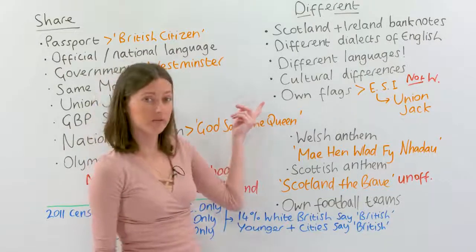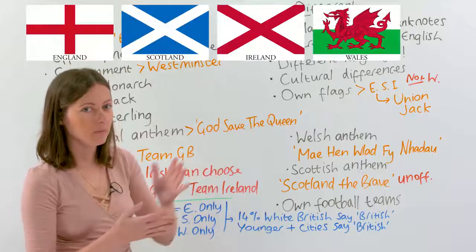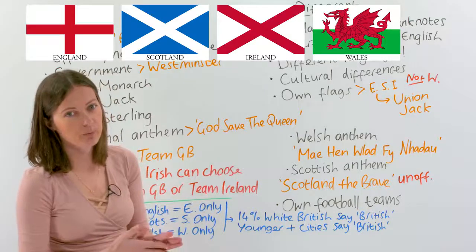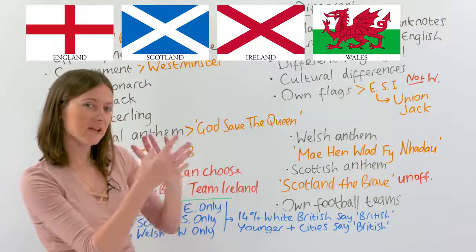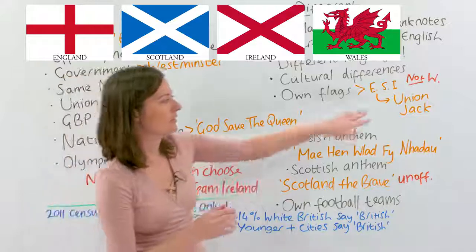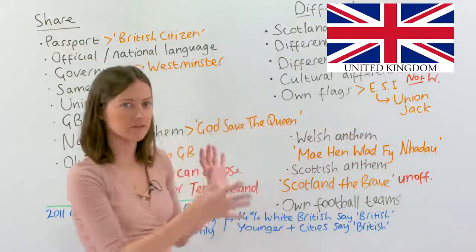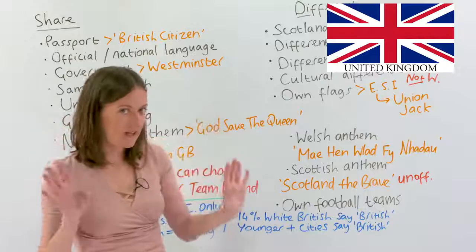The countries of the United Kingdom have their individual flags, which you may see at things like football competitions. And together, when you put these flags on top of each other, they make up the Union Jack flag, that famous flag that you're used to seeing. However, I must add something here.